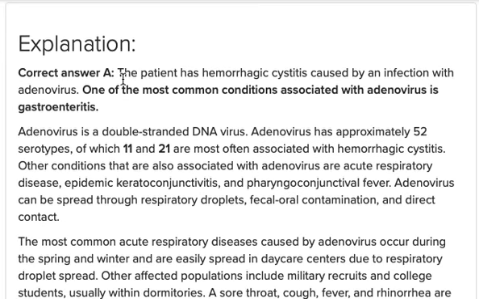The correct answer is A. The patient has hemorrhagic cystitis caused by an infection with adenovirus. One of the most common conditions associated with adenovirus is gastroenteritis.